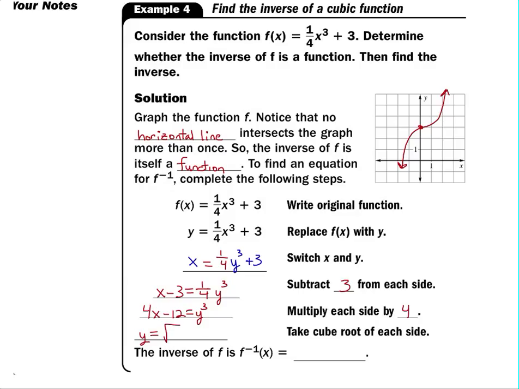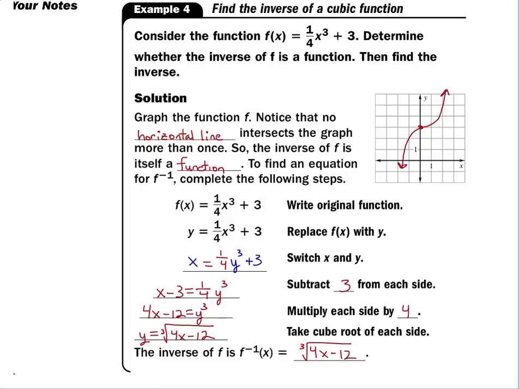So y equals the cube root of 4x minus 12. And because it actually is an inverse, remember the original function passed the horizontal line test, we're going to write it f inverse of x equals the cube root of 4x minus 12.